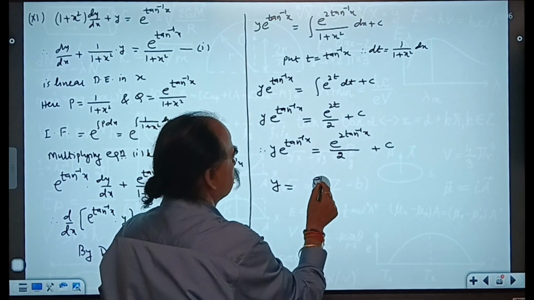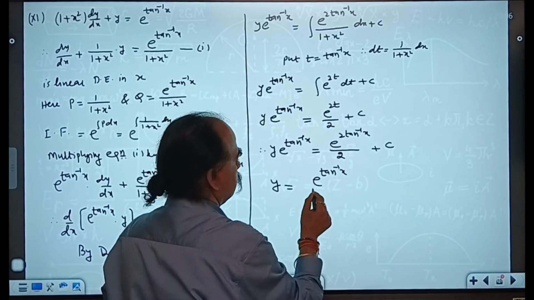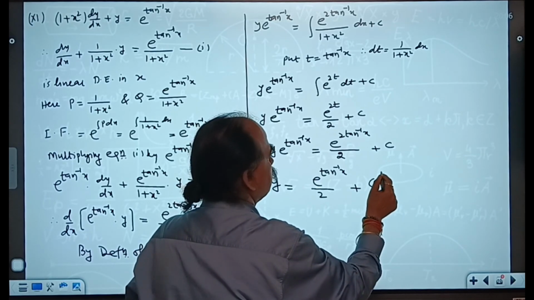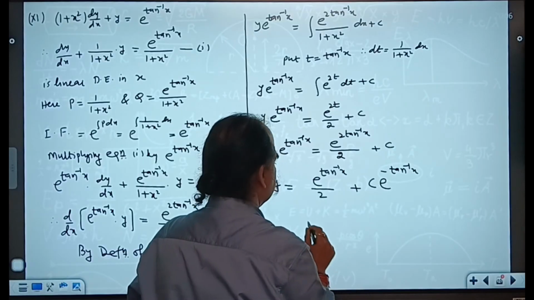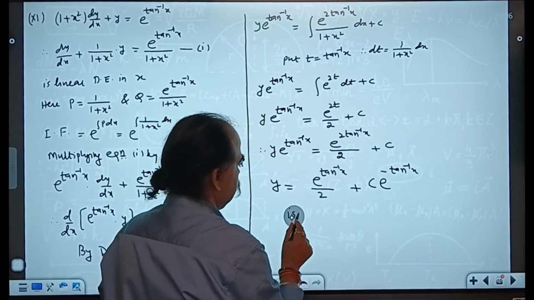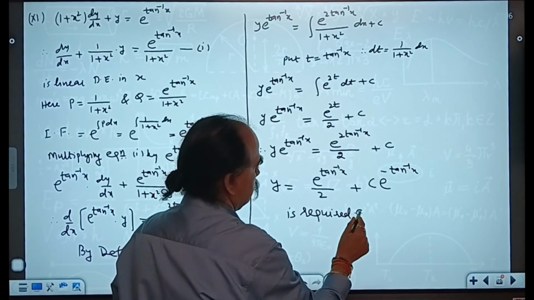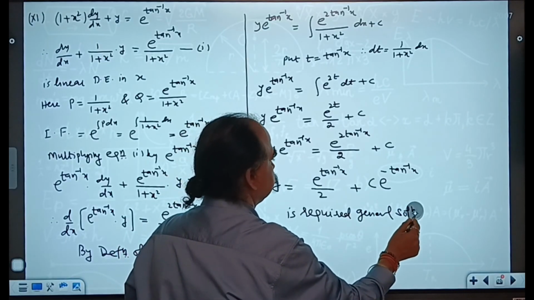So y will be e raised to tan inverse x upon 2 plus c e raised to minus tan inverse x. This is the required general solution.